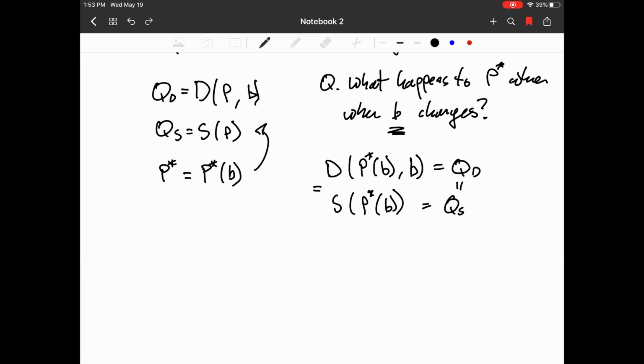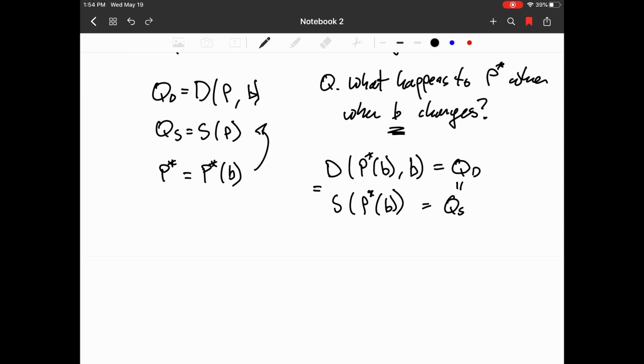You're probably used to taking derivatives with respect to x when x is on the right-hand side only, but really in mathematics there's no reason we can't take the derivative of an equation where x is on both sides. So in this case we're going to take a derivative with respect to b where b is on both sides.